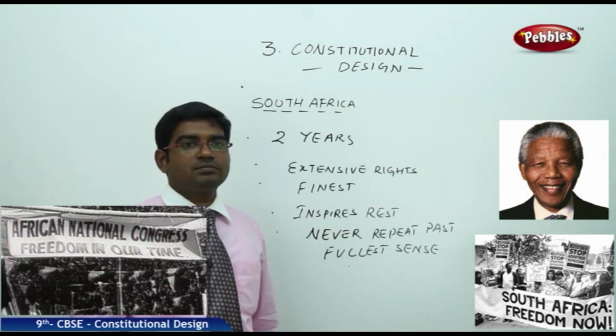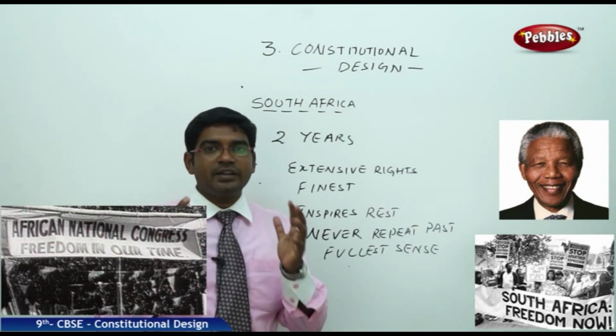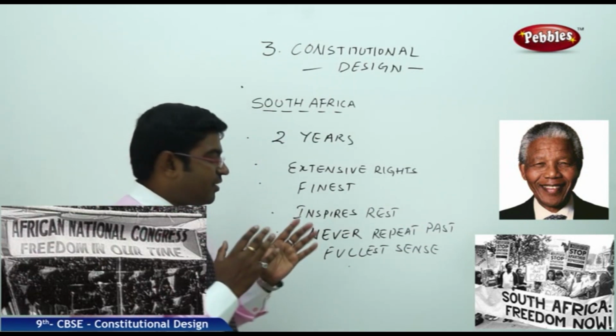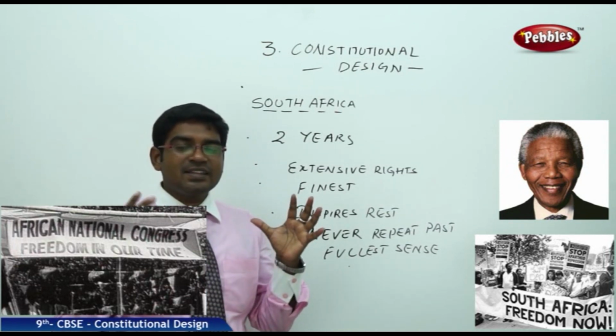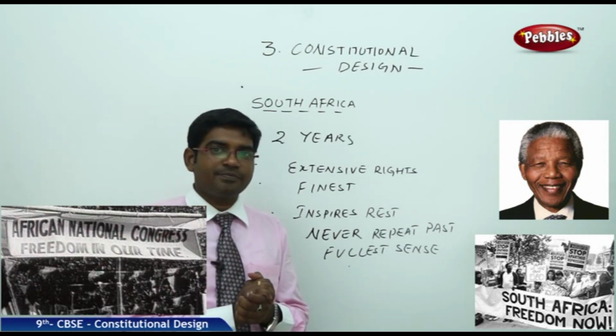We'll find out. Finally, after 2 years of continuous deliberations, the world has seen one of the finest constitutions ever written. There were extensive rights enshrined for the citizens in Africa.